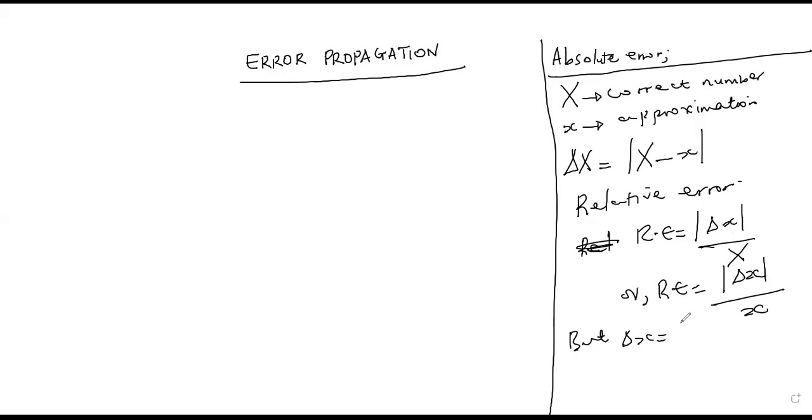But delta x is the magnitude of X minus small x, implying that the relative error will be X minus x out of capital X.